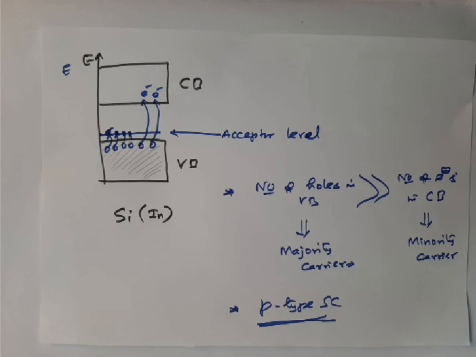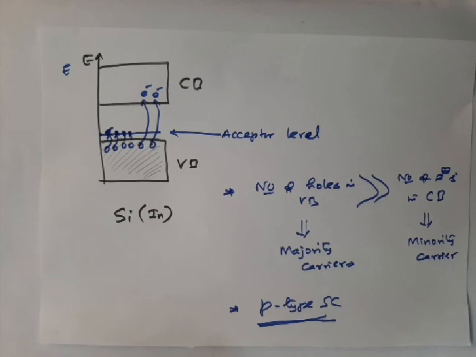Very important. With this we have completed semiconductors. Insulators I am not going to teach because in an insulator the band gap is greater than 3 electron volt. Therefore, electrons and holes are very few in number, so conductivity is extremely low.